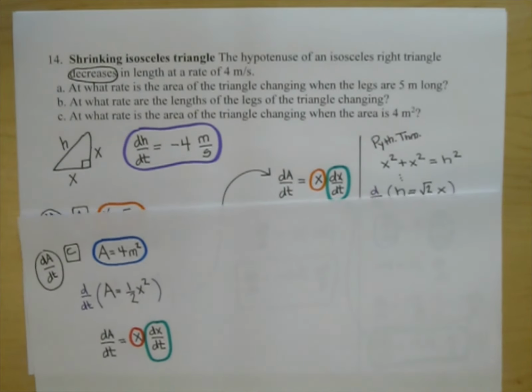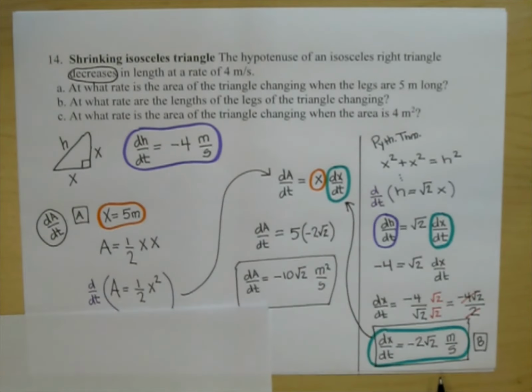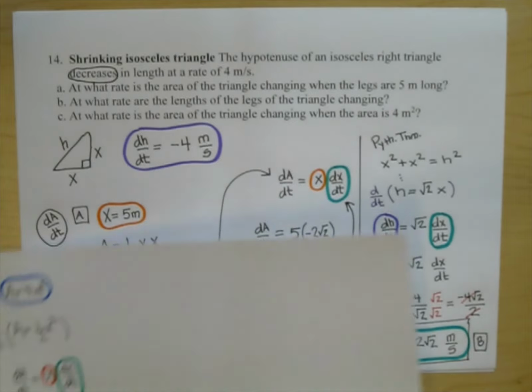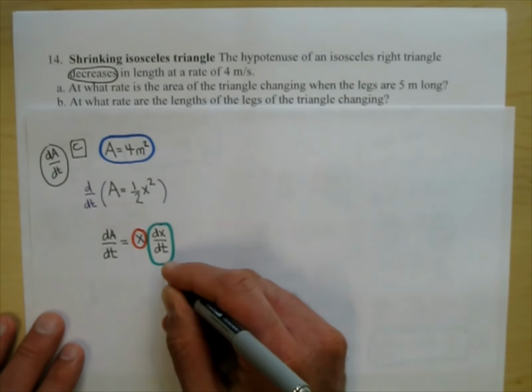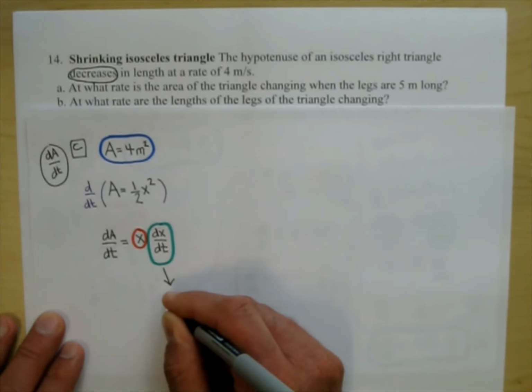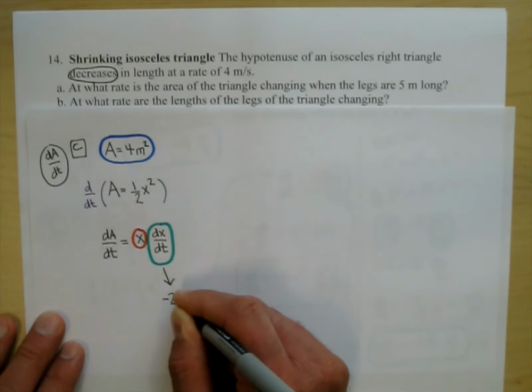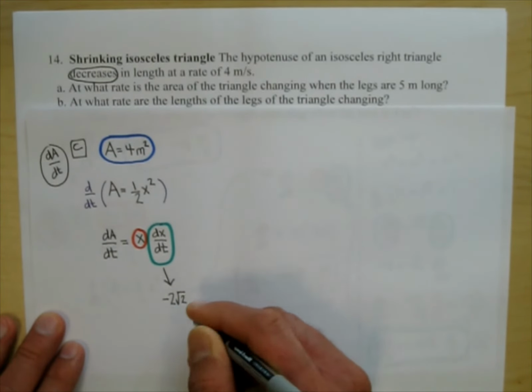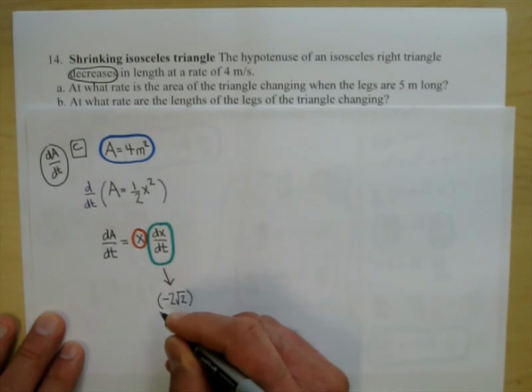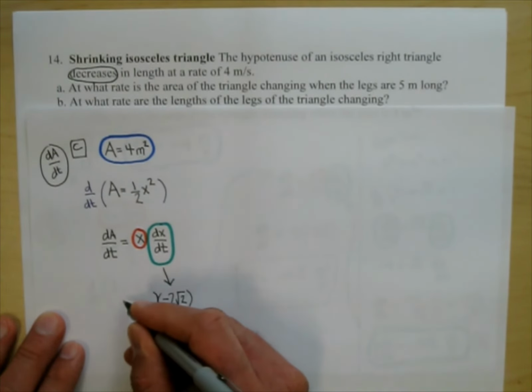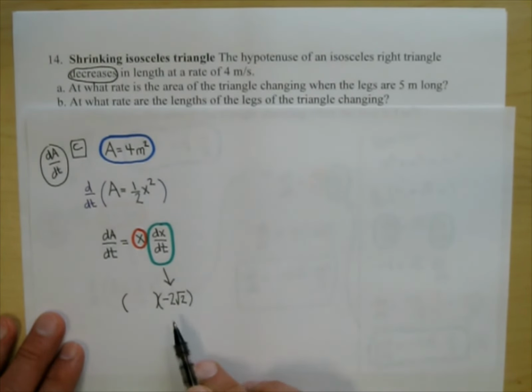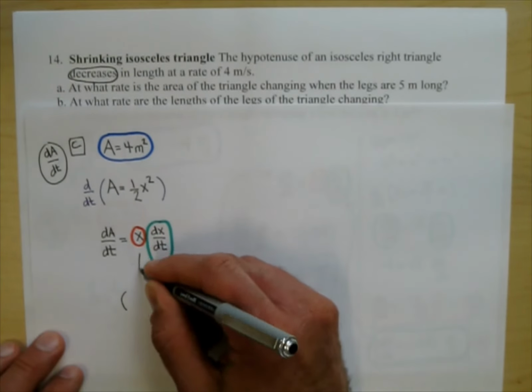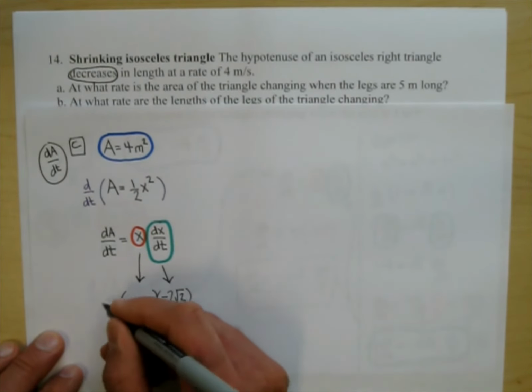So we know dx dt is -2 root 2. So this one right here is -2 root 2. Well, what is x? Well, we don't know yet.